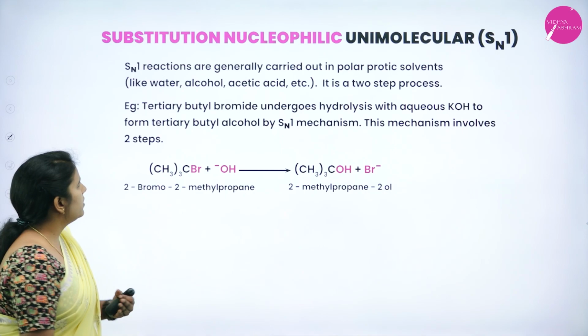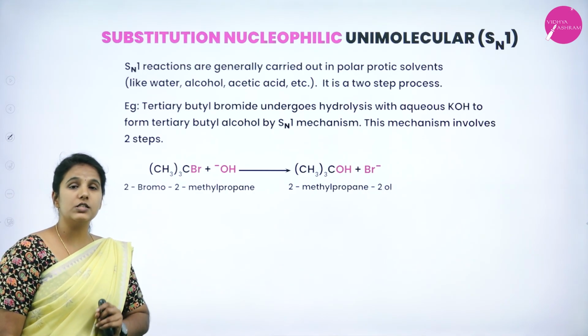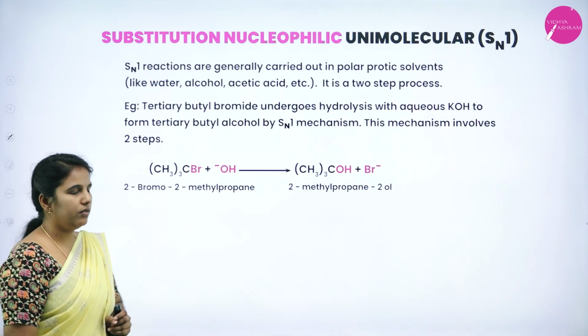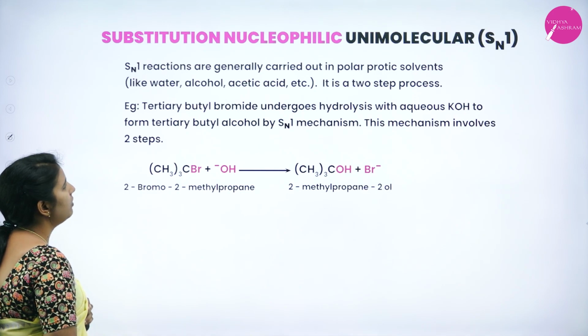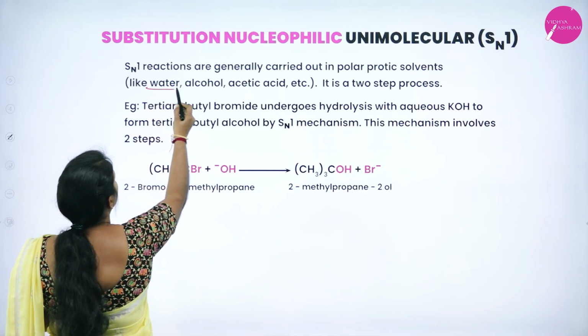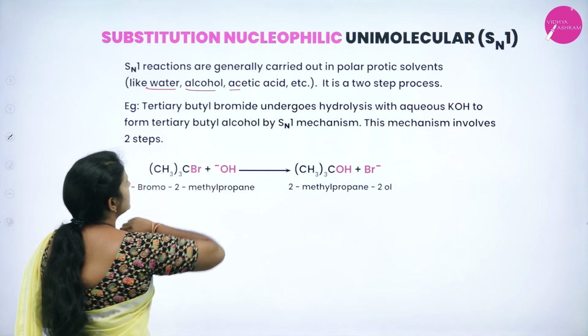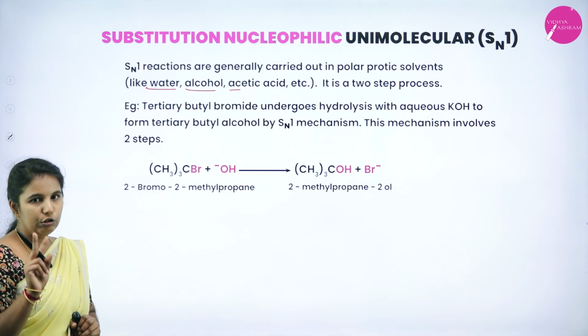Here, we'll understand how the substitution takes place and why it is known as unimolecular. SN1 reactions are generally carried out in a polar protic solvent such as water, alcohol, acetic acid, etc. And the reactions take place in 2 steps.